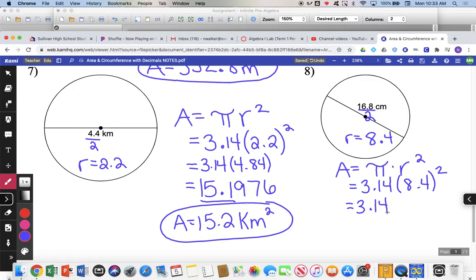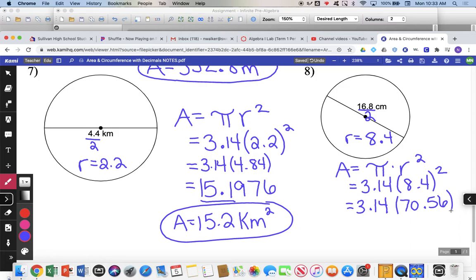Alright, Emma got 70.56. Do you guys agree with that? Alright, so Brian, did you do 8.4 times 8.4? My bad, I was looking at the wrong problem. Okay. Alright, 8.4 times 8.4 is 70.56.